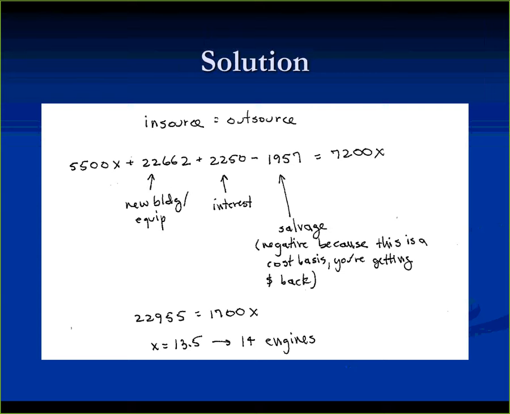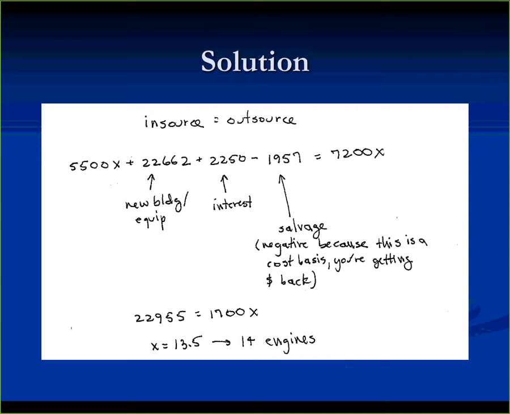And then you're going to include the salvage value that you'll get. In this particular case, it's going to come out as a negative sign because you are constructing this particular problem on a cost basis. And so if we're talking about how much it costs, the salvage value means you get money back. So that is a negative as a result.